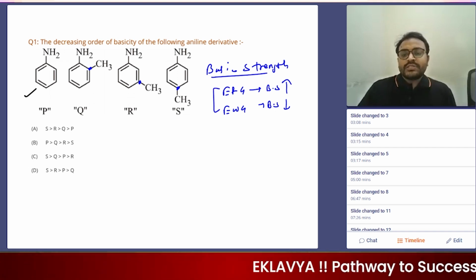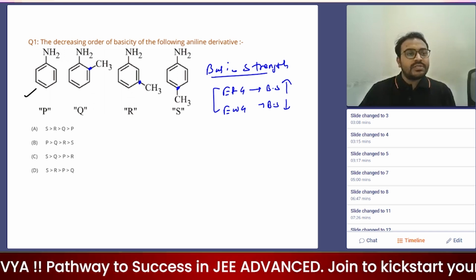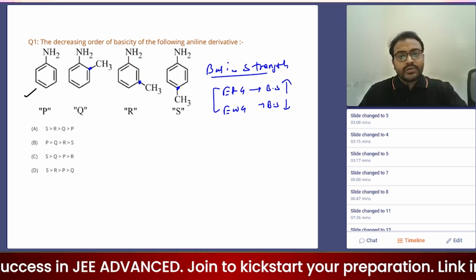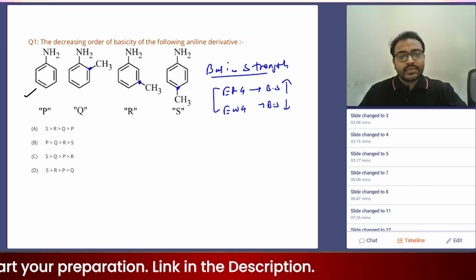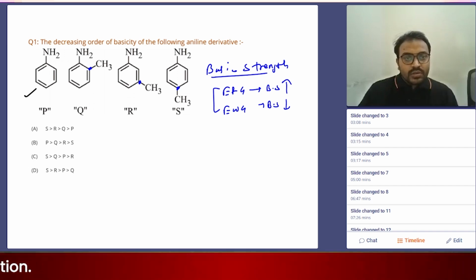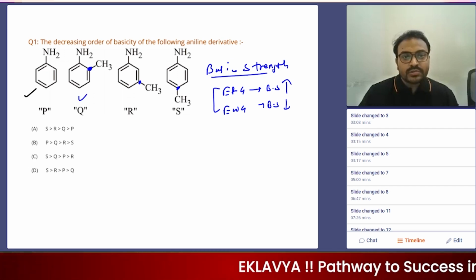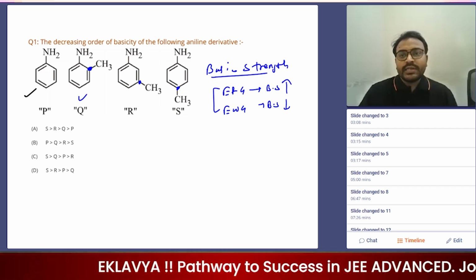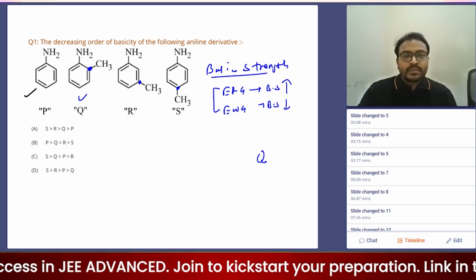And one more concept here is SIP. SIP is steric inhibition of protonation, and due to steric inhibition of protonation the basic strength decreases. This SIP takes place at the ortho position, so that's why this will be the least basic aniline. So that is the last one, Q.